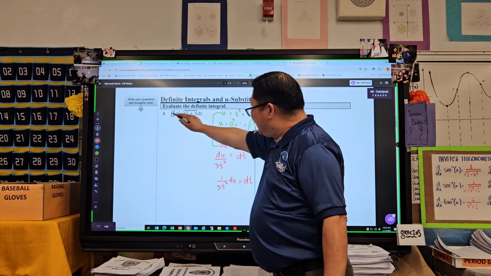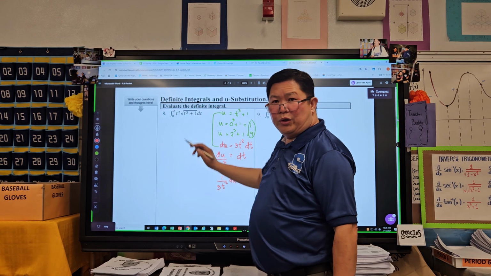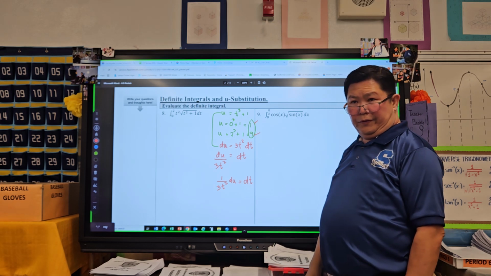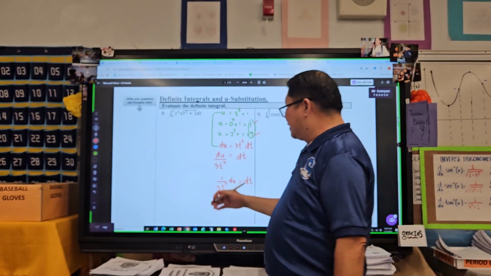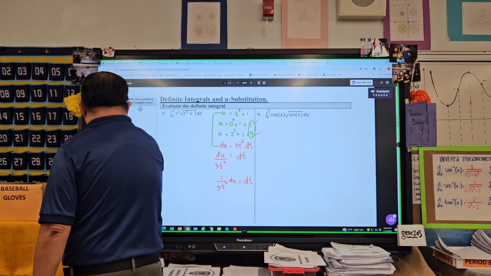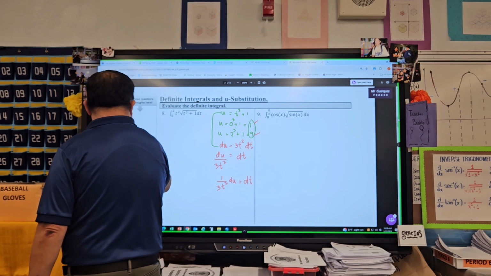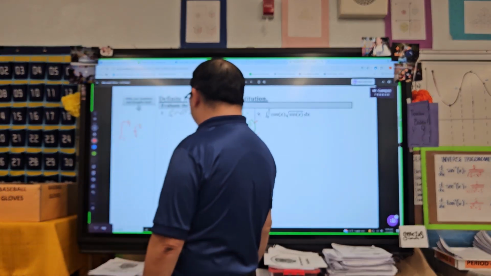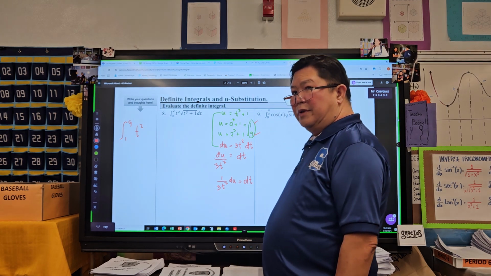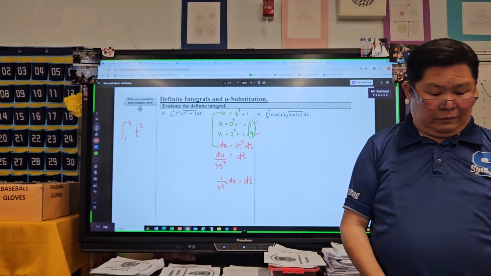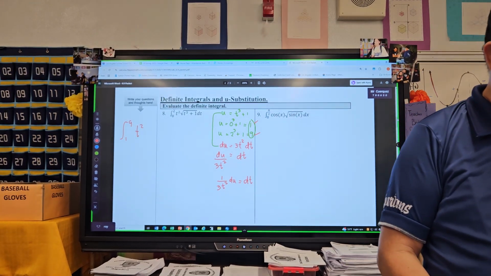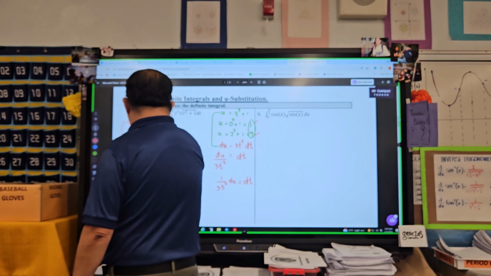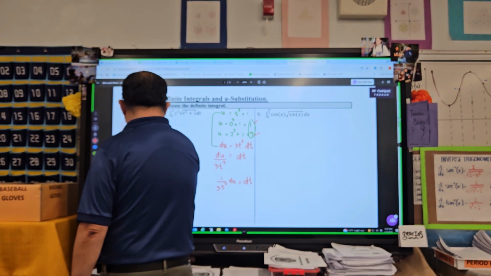Are we going to copy this limit from 0 to 2? The new limit now is from 1 to 9. So we say now the integral from 1 to 9, and you have t squared, and what is our u? The square root, right? So we have square root of u.